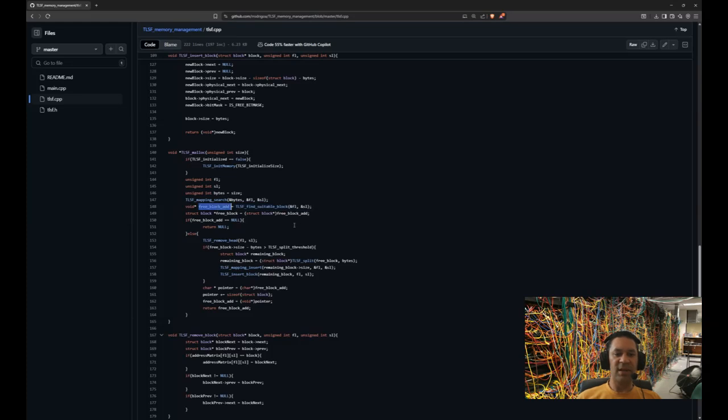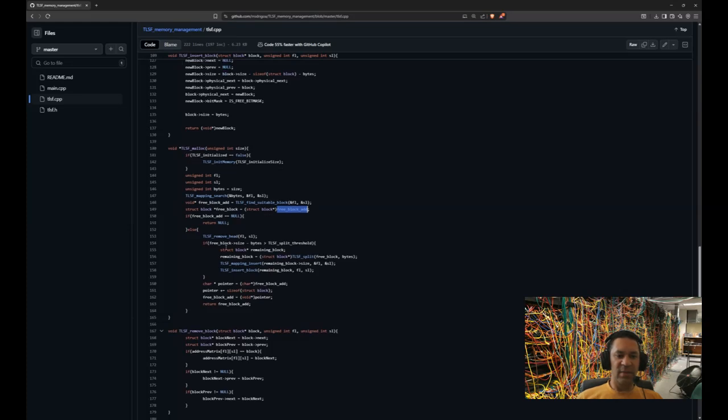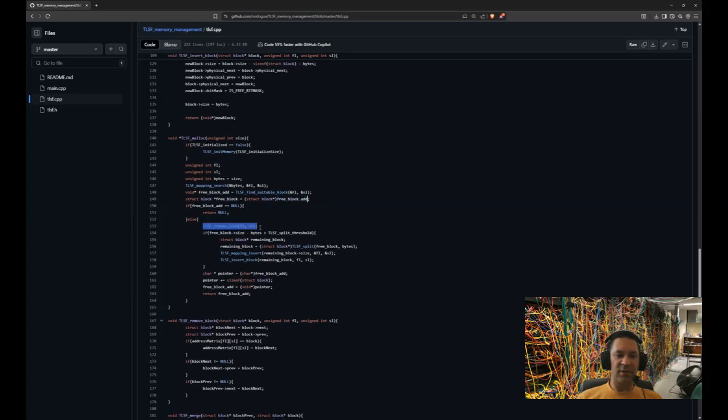This is the block, and the block will be larger than the block you're requesting. If the block is larger, of course you're going to remove it first, and if the difference is larger than the threshold, say you requested 60 bytes and the block is 100, and that is over the threshold, then you have to split the block because you don't want to give the full 100 bytes to the application that only needs 60.